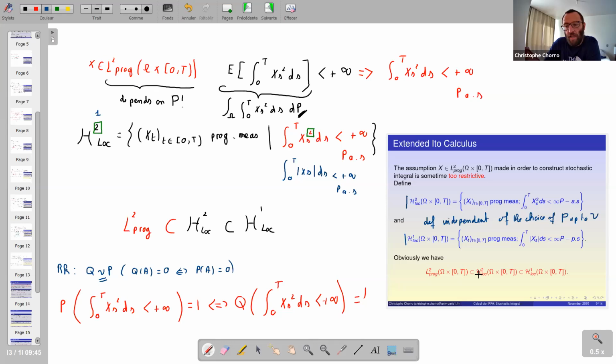I won't do this in detail in this course because it is technical. I need the notion of stopping times related to martingales and so on, and I don't want to do that. It's out of the scope of my course.